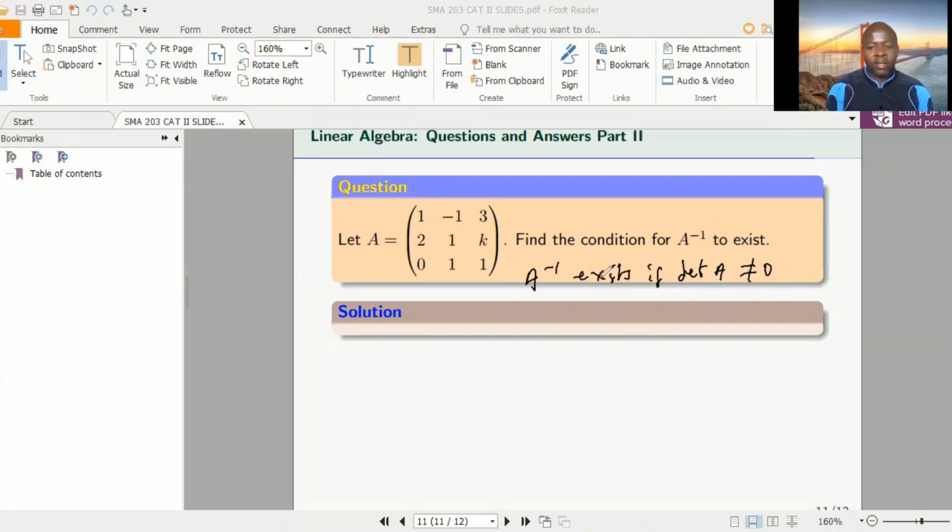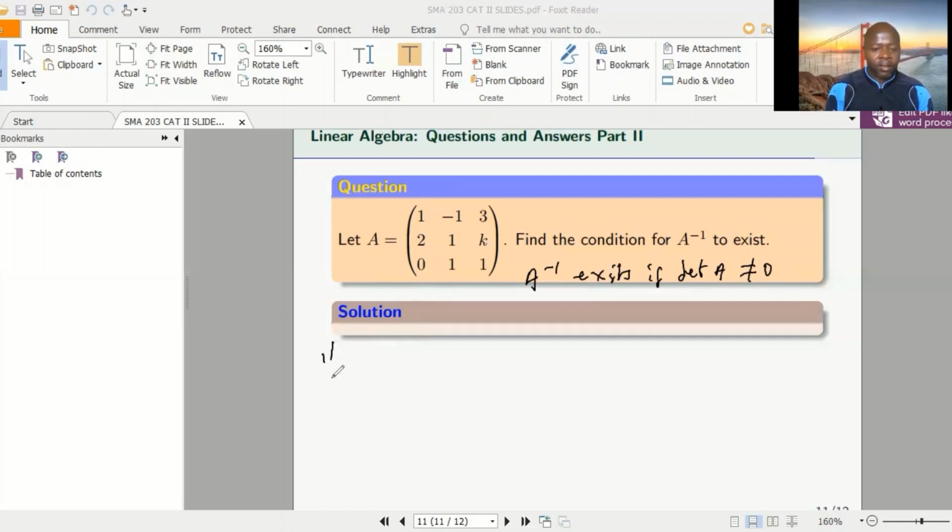So what that means, therefore, is let's find the determinant of this matrix, equate it to 0, and see what K would be. So for A inverse to exist, I'm getting the determinant. We do it along the first column.